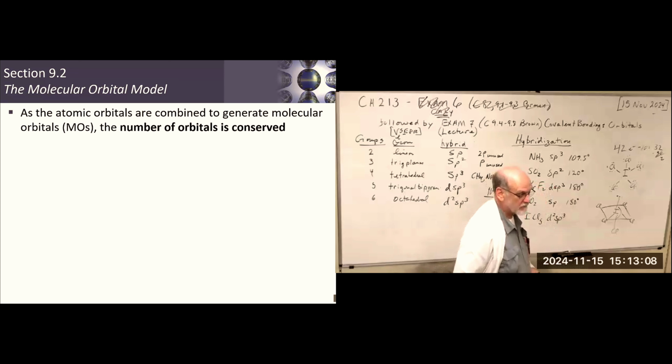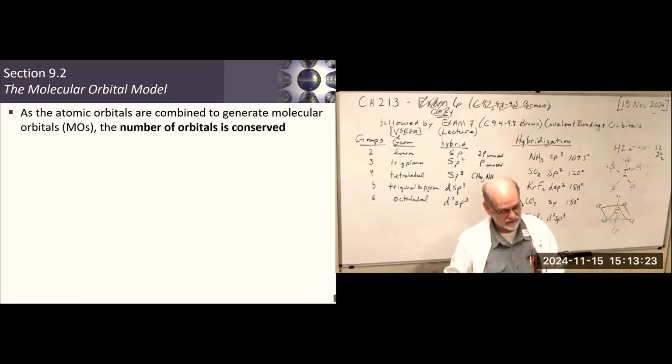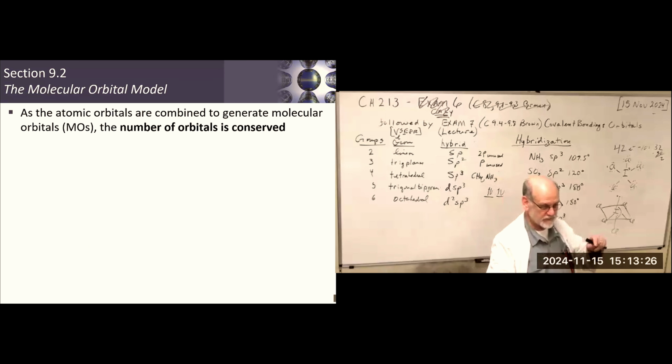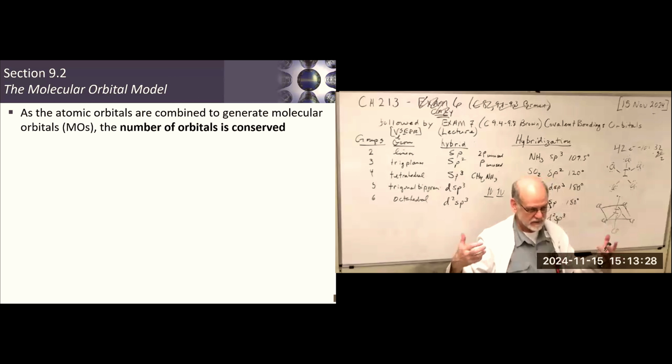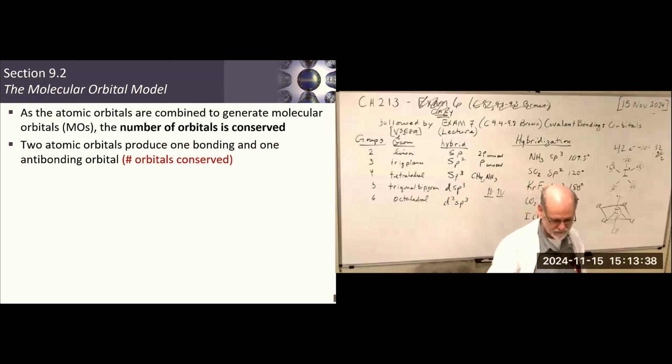All right. One of the main rules in molecular orbitals is when you bring atoms together into a molecule, the number of molecular orbitals that come out of that calculation are exactly the same as the number of atomic orbitals that went in. So if the atoms put together have, say, 6 atomic orbitals, then the molecule is going to have 6 molecular orbitals come out of it. It's a conservation thing. We conserve orbitals.